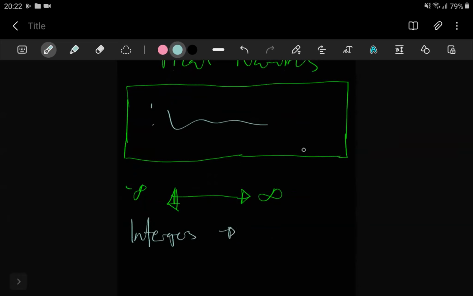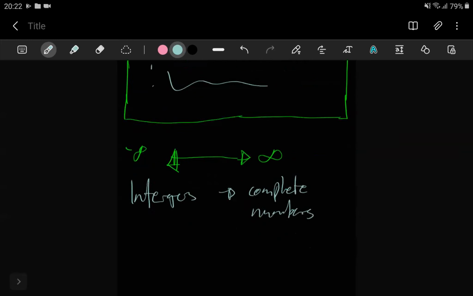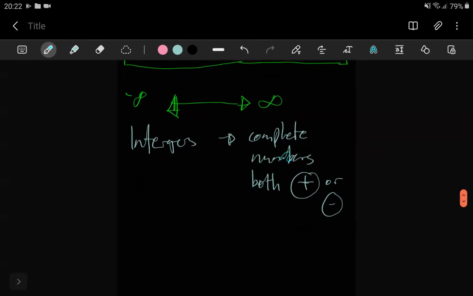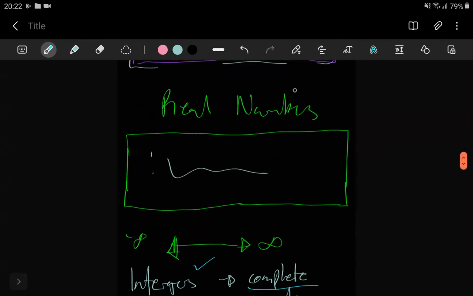Integers are complete values, complete numbers, and these can be both positive or negative. Are you still there? Yes. Perfect. So those are integers, complete values, both positive and negative. When we say complete values, we know they have no decimals. So that's one category of numbers within real numbers.